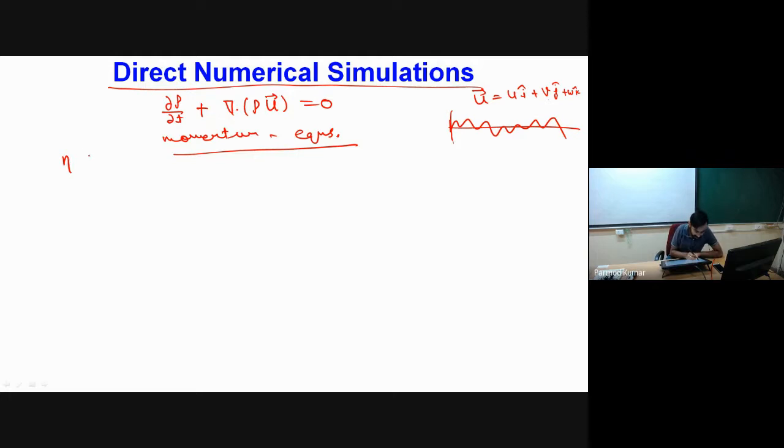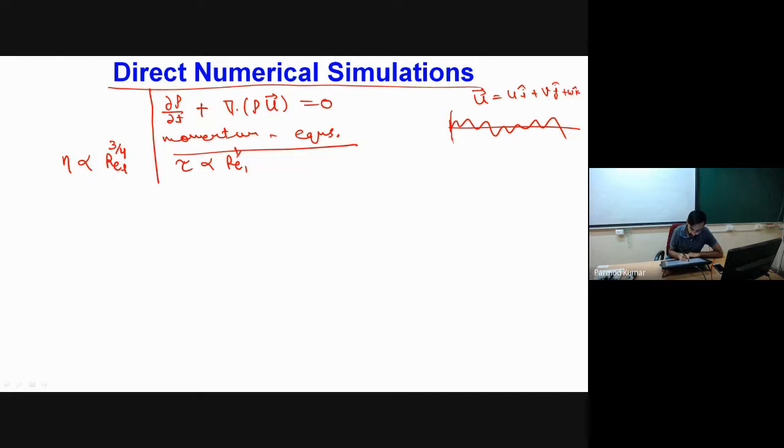The ratio of this Kolmogorov length scale to the large turbulent scales is proportional to the Reynolds number based on the large length scale to the power 3/4. Similarly, in terms of time scale, tau, the time scale of the smallest eddies, is proportional to Reynolds number to the power 1/2.